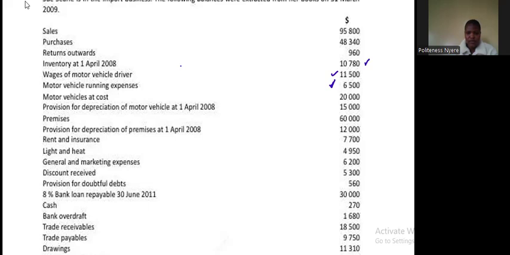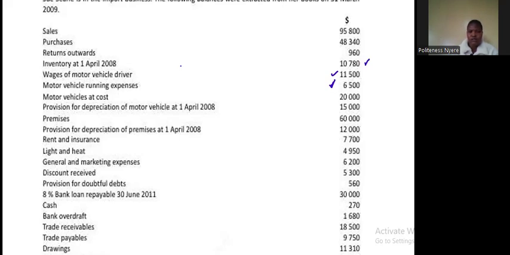What else do we have? Then the other one has to do with the depreciation. So we have 11,500, and then we have 6,500. These are just expenses, so we can just add them and then we calculate 20% of those.